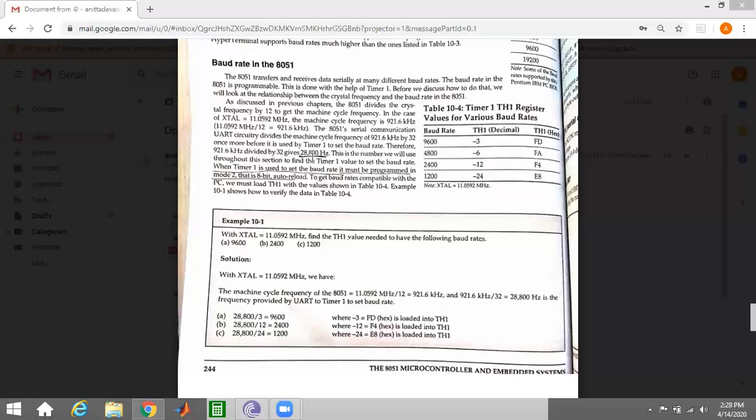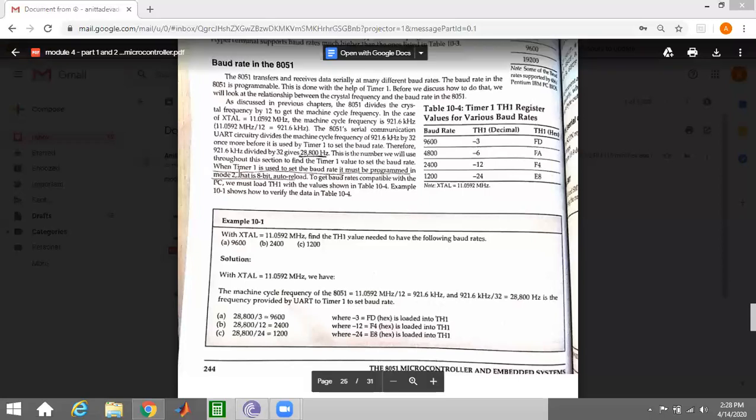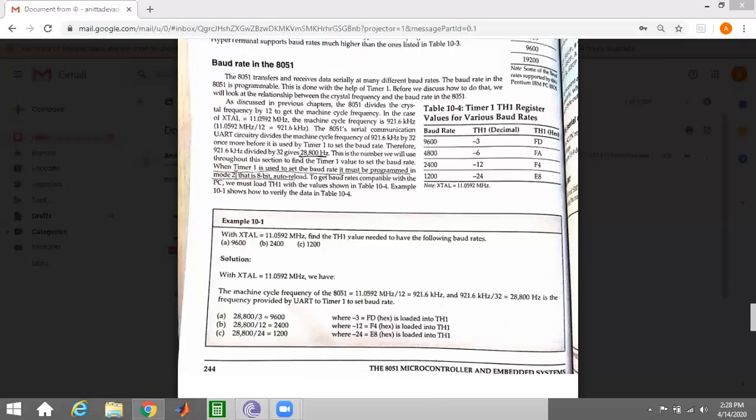When timer 1 is used to set the baud rate, it must be programmed in mode 2. Yesterday we studied the modes: mode 0, mode 1, mode 2, mode 3, right? Here we need to use mode 2.